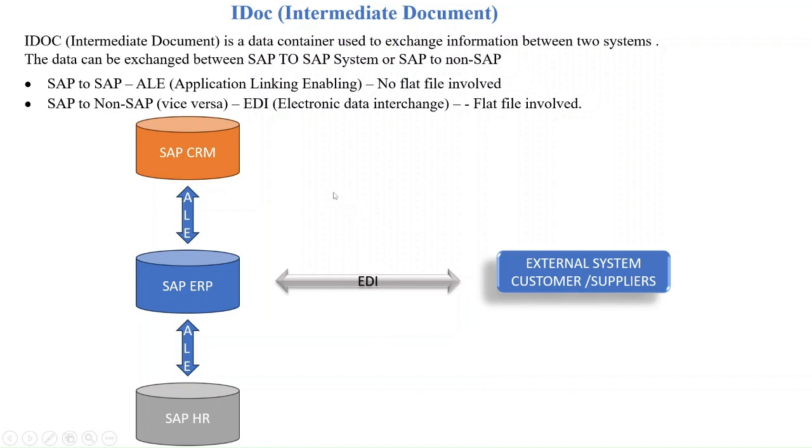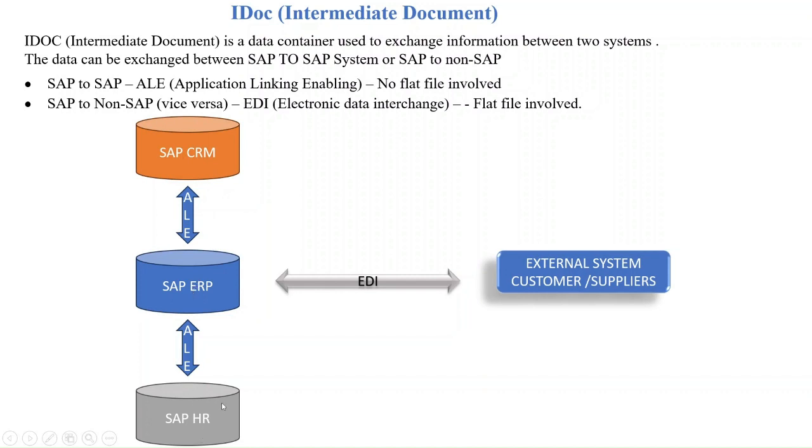I'm going to share one example. This is a simple overview of a system, how it is connected to the business. So we have a SAP system in a line, and it has different business data, and it holds three business systems: SAP CRM, SAP ERP, SAP HR.